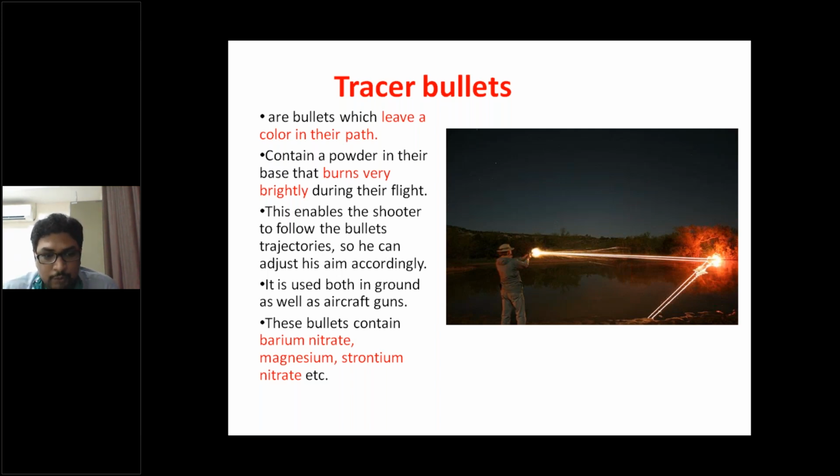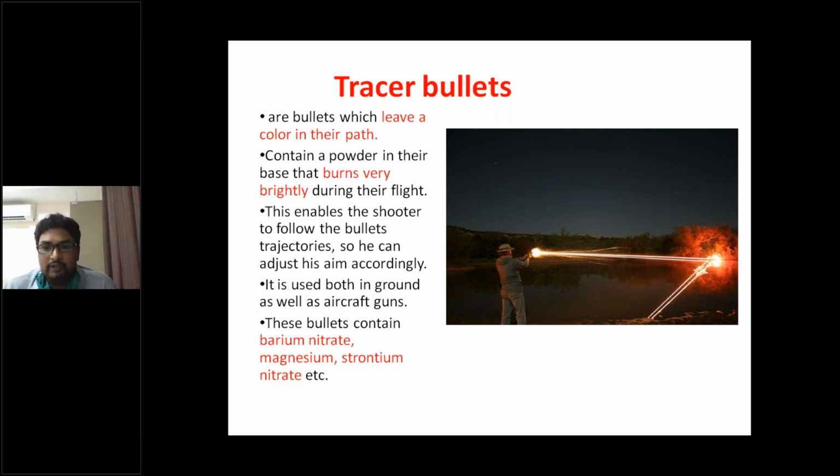It is used both in ground as well as aircraft guns. These bullets contain barium nitrate, magnesium, strontium nitrate, and some other products. So the tracer bullet burns at the back and then hits the target.